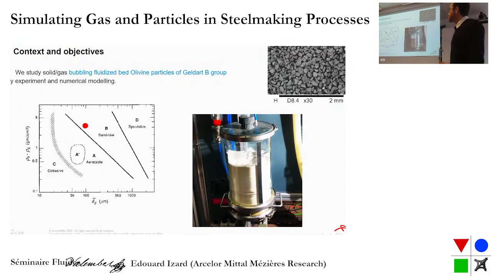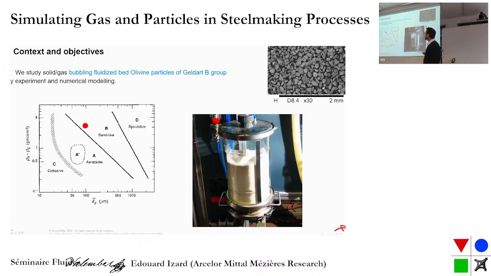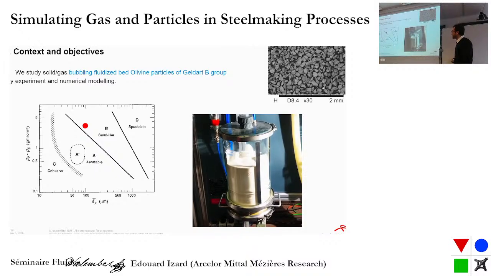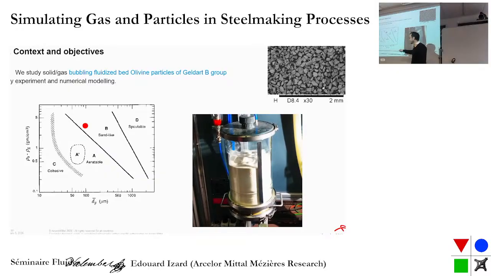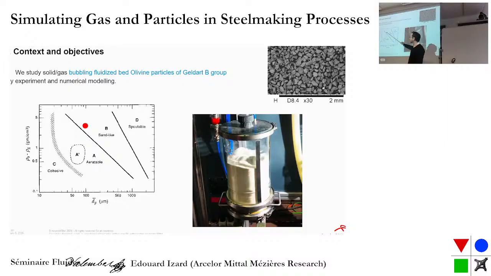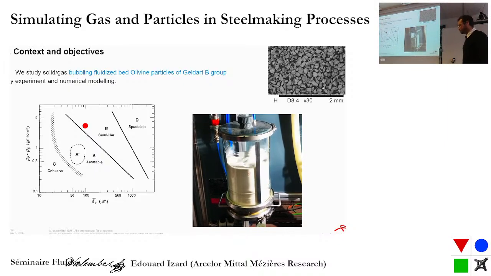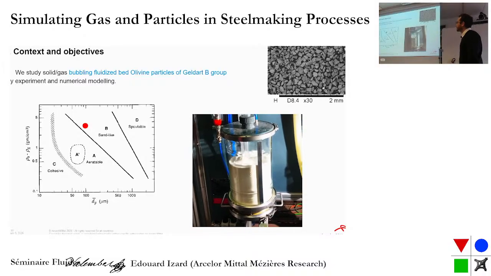In particular, we are using olivine particles, and we are studying a bubbling fluidized bed. If I put these particles in the Geldart diagram, which is density as a function of particle diameter, we are in group B, so it's a sand-like material, and we can make bubbles out of this material.